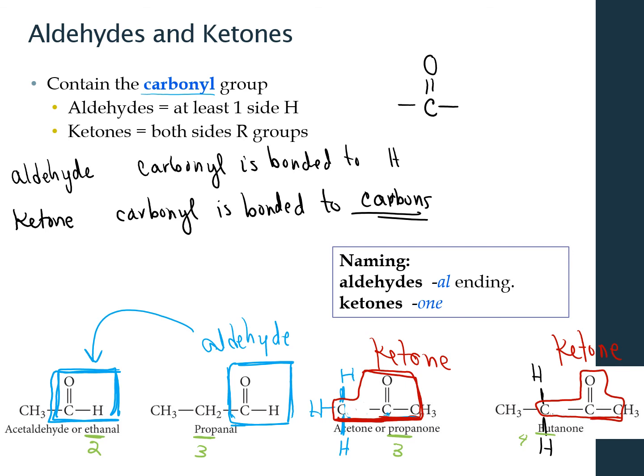Another thing that you can determine is, look, for aldehydes, the name ends in al, like aldehydes. If it's a ketone, the name ends in one, o and e, like ketone. So when you have propanone right here, you know that you will have 3 carbons because that's for prop, and o and e means that you have a ketone.